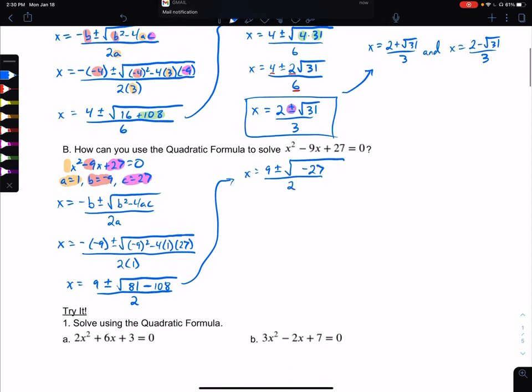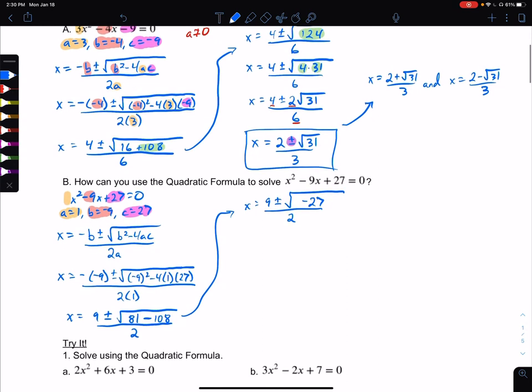Same as before, inside the radical we need to check to see if we can reduce this. Because there's a negative there, I know at least I'm going to be able to take out the imaginary number i. So let's rewrite this. Before I take anything out, I like to rewrite this in simpler terms, what I know I'm going to break down. 27 is the same as 9 times 3.